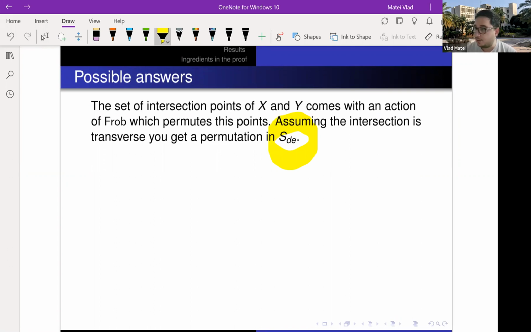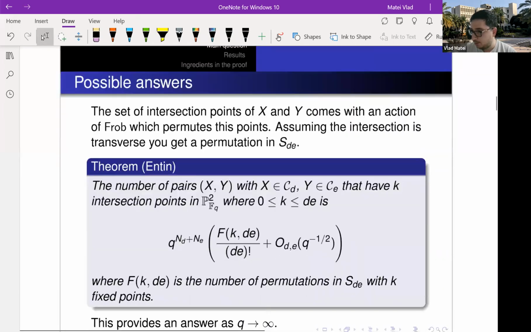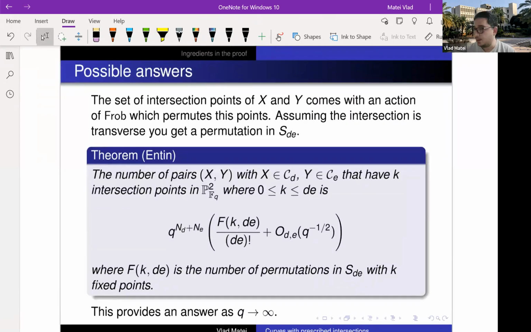And actually this guess turns out to be right, except you need some decorations for it. This group is actually called the monodromy group. The main result that Entin proved is that indeed this monodromy group is S_DE, the symmetric group on DE objects. It's more general than that. I'm not going to say all about it, but in the particular case we're interested in, this is going to be the monodromy group.